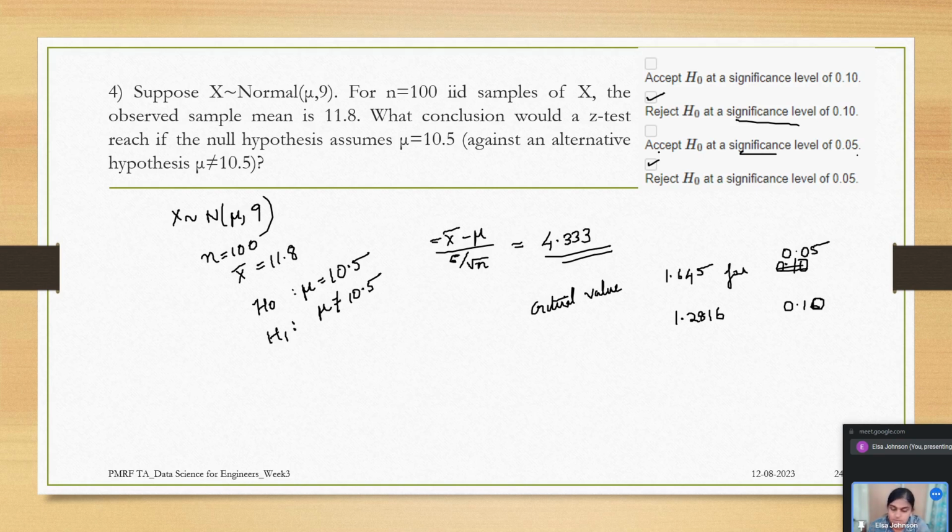Yeah, that standard deviation is used. I have calculated it using that. The value will be 3.